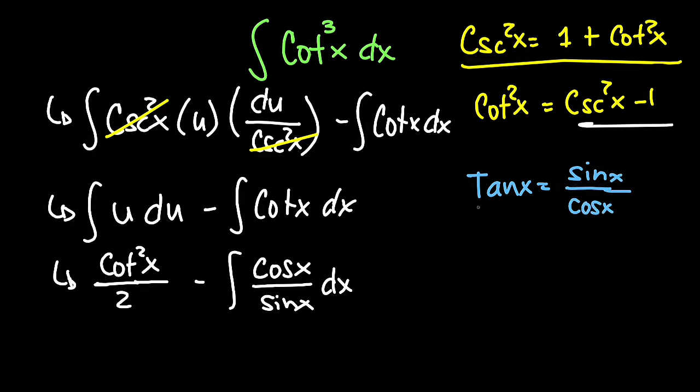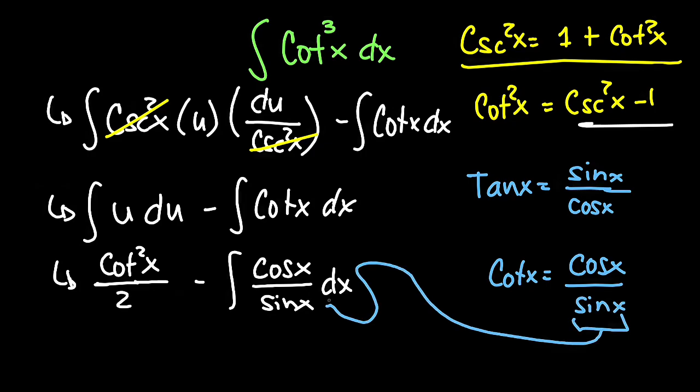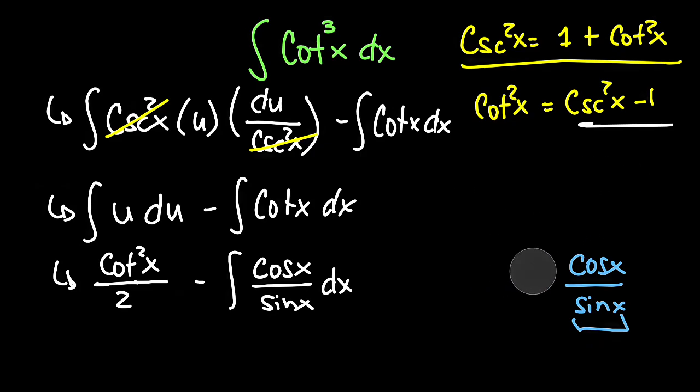And the inverse of a tangent is a cotangent. And since it is an inverse, its fraction here would also reciprocate, which is equal to cosine of x over sine of x, which is this one. That's just a reminder for that.